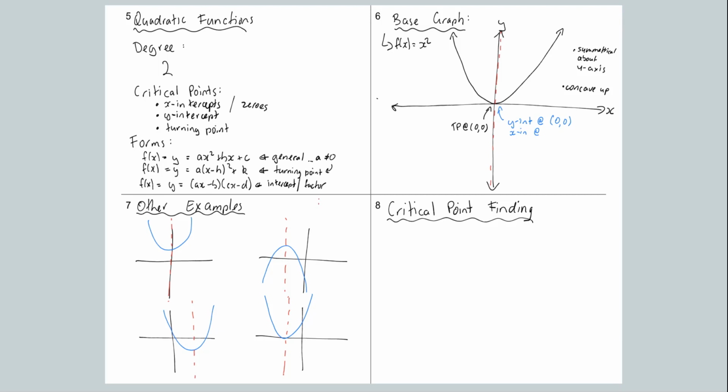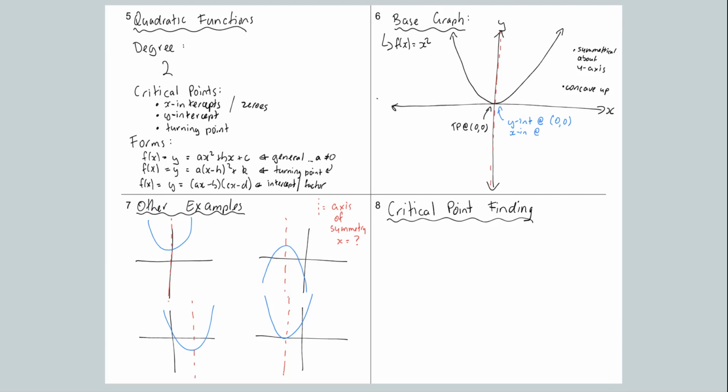The line is equal to the axis of symmetry. It's an equation of x equals something. So it's not a function, it's just an equation, x equals something, to make it a vertical line. And it's as it says, it's where it's symmetrical, where the parabola is symmetrical.